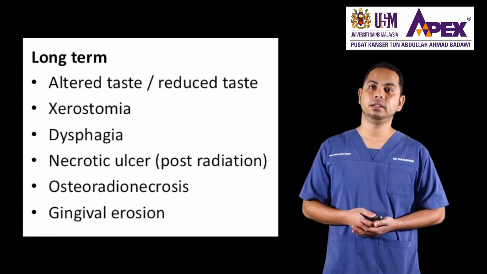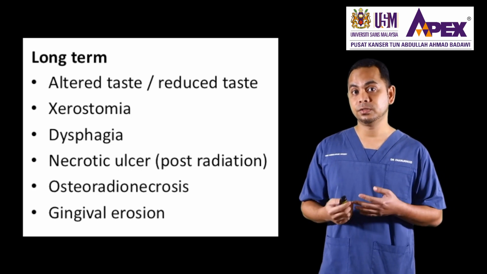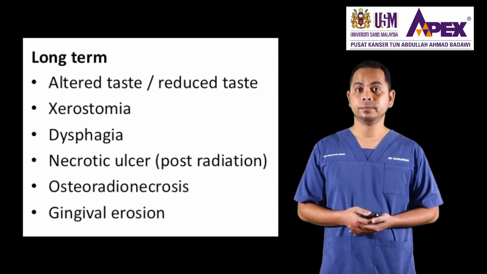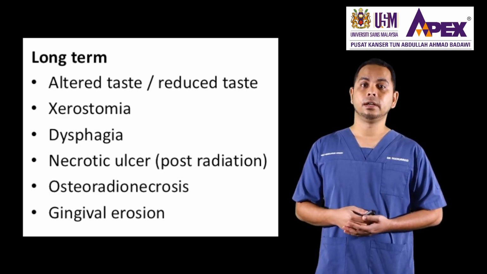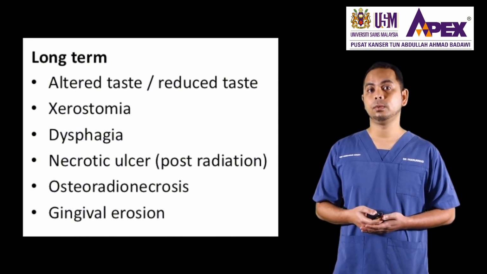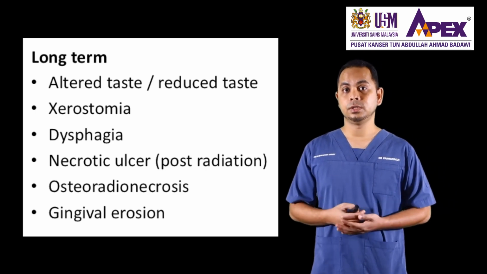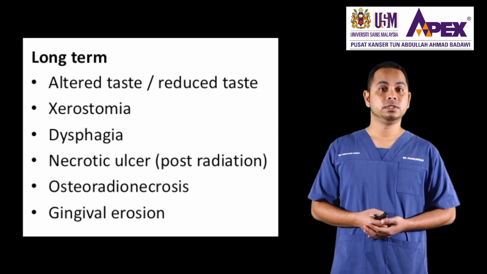Whereas the long-term side effects are that the patient might end up with altered or reduced taste sensation, xerostomia, which is dry mouth, and dysphagia, a bit of difficulty swallowing. Patients might have a necrotic ulcer, especially at the area where we put a very high radiation dose. Osteoradionecrosis is the most common complication that we see now, and also gingival erosion.